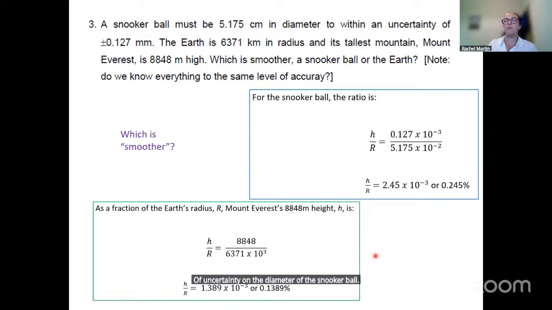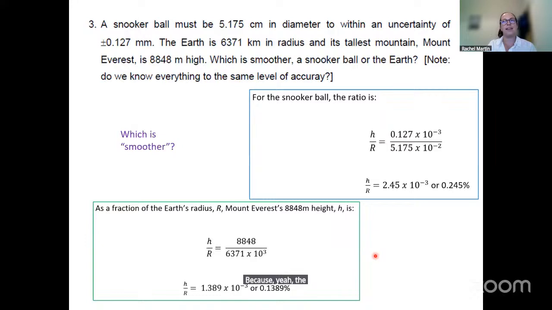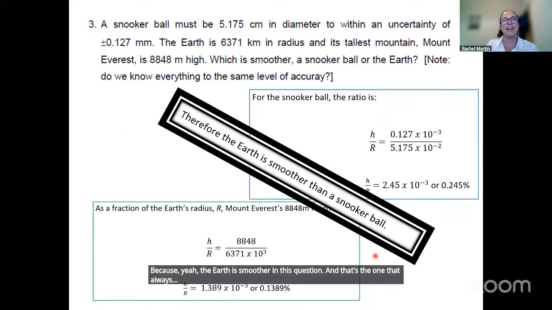So be really careful with your units there, because the Earth is smoother in this question. And that's the one that always surprises people.